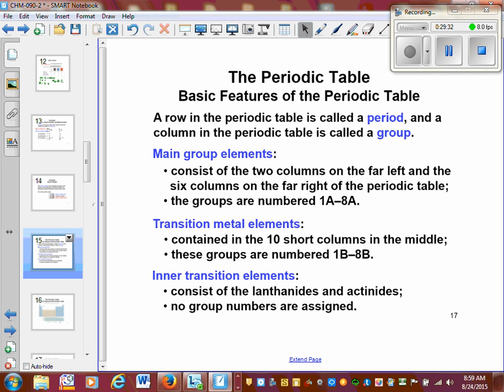So if you look on your table, that would be columns 1A, 2A, 3A, 4A, 5A, 6A, 7A, and 8A. There's 8 columns. Those are the main groups. Those columns that have a B in them, 3B through 2B, are the transition elements.